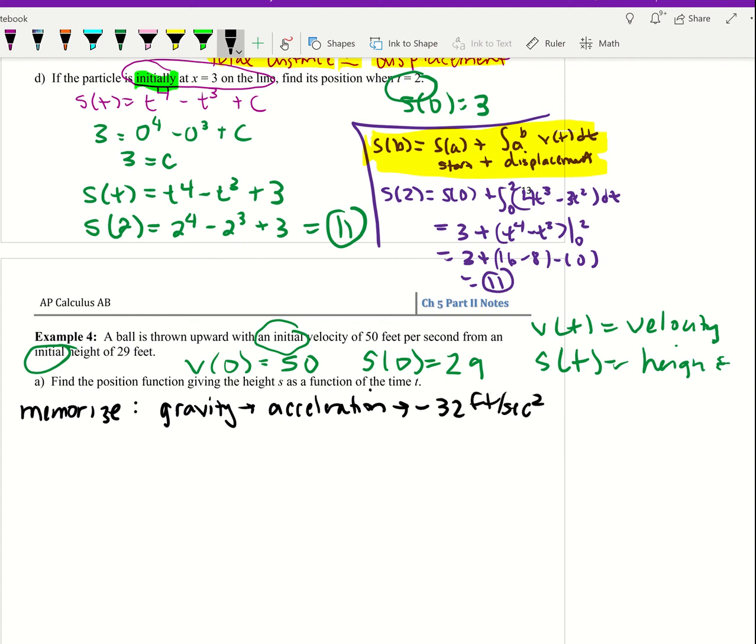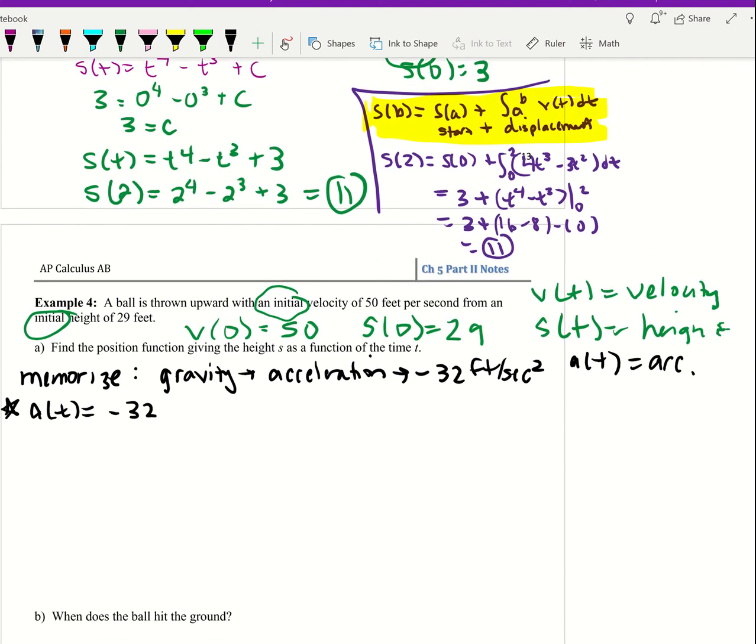So something that's implied in this problem, that I'm now telling you you're going to want to memorize, is that if it's a problem where you're just dealing with something in free fall, and that's what's happening here, okay? You throw it up and the only thing working on it is gravity, then you can start off with the fact that acceleration is equal to negative 32. I'll use a of t for acceleration.